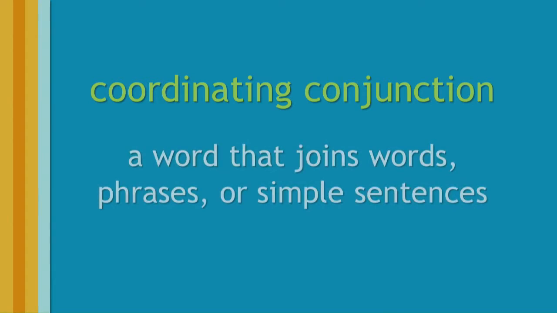So let's think first about coordinating conjunctions. And we've used that word before. A coordinating conjunction is a word that joins words, phrases, or simple sentences. We use coordinating conjunctions to join parts that are the same: two or more subjects, two or more predicates. We can use them to join adjectives and adverbs and things like that.